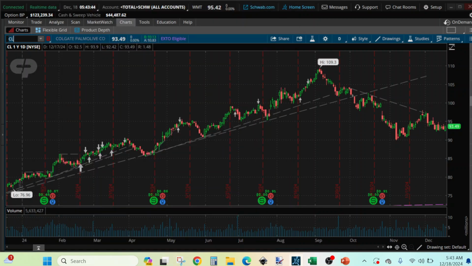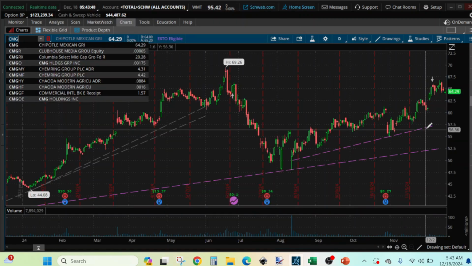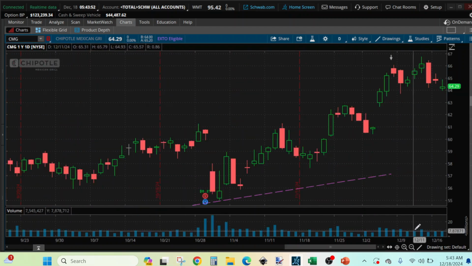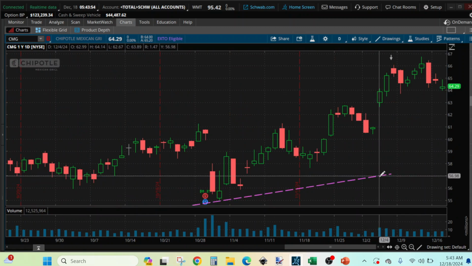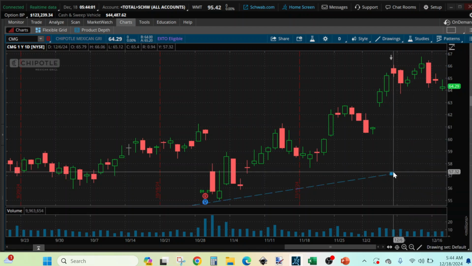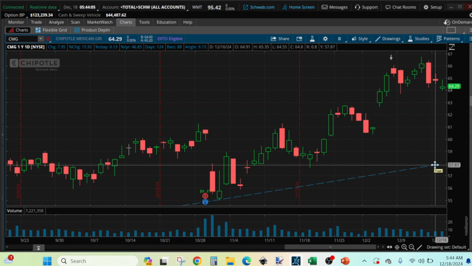CMG. So CMG, let's extend that line a little bit. We like to buy it on those lines. And those trend lines, we trace them by connecting two lows.